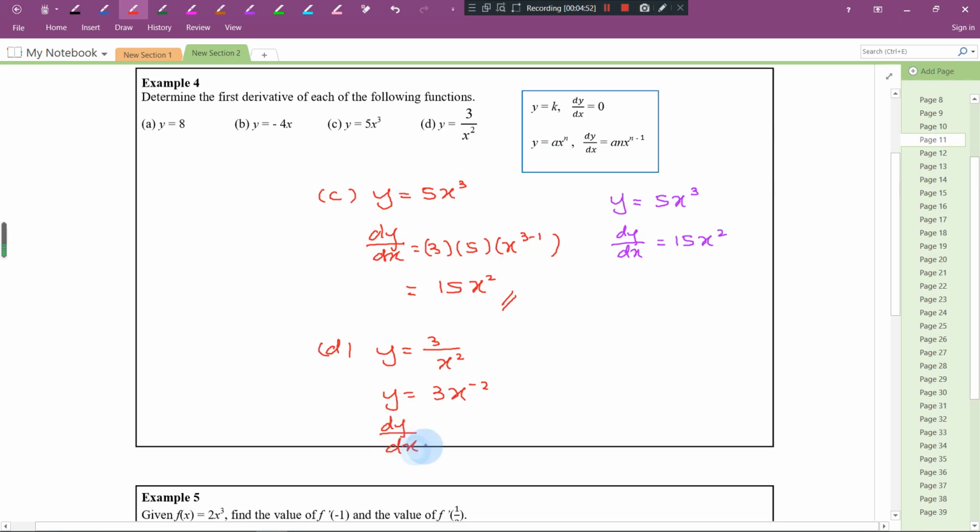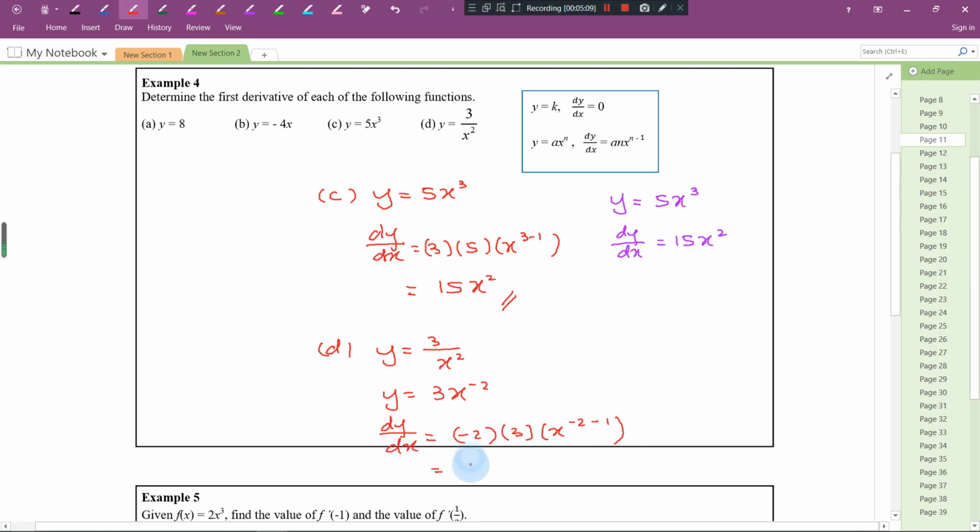dy dx is equal to -2, you bring down here, copy the 3, copy the x, and the power, remember the minus 1. Negative 2, copy first, minus 1.